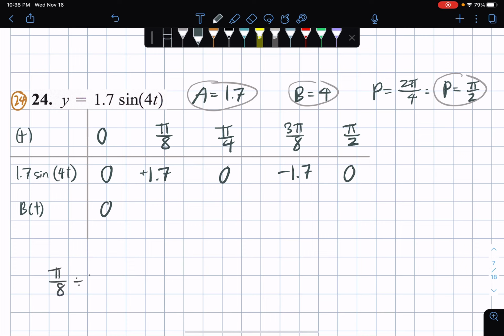Pi over 8 divided by 4 is 0.1. Let me use the calculator real quick to verify, to make sure what is being said is legit. Okay, 0.1, then we have here pi over 16, 0.3, and pi over 8.